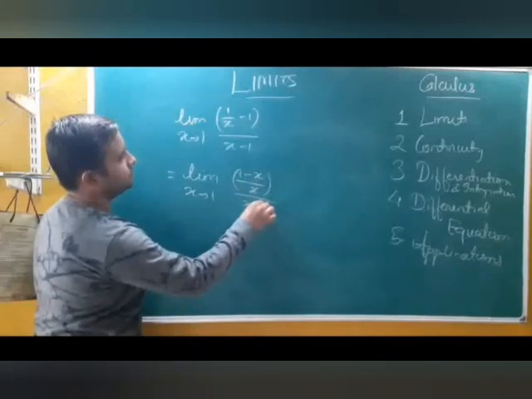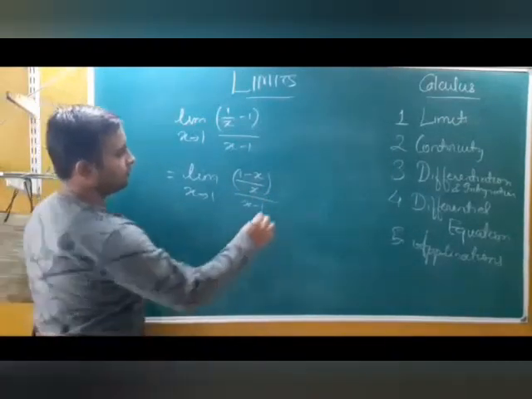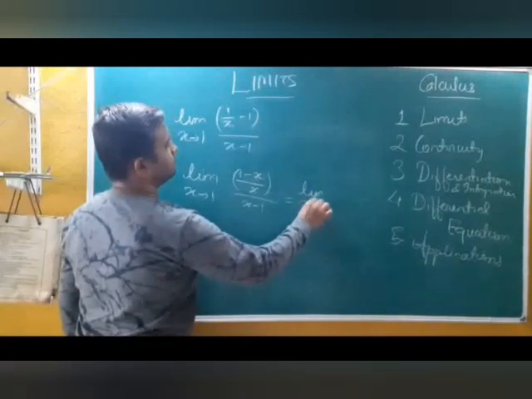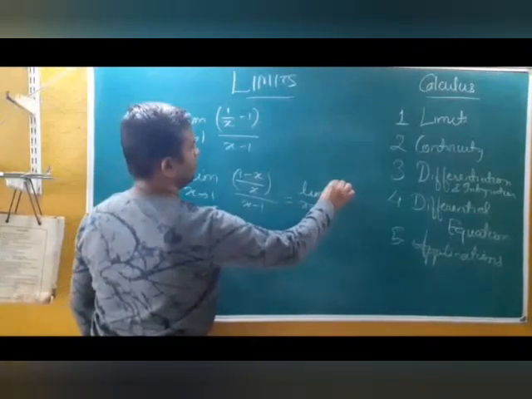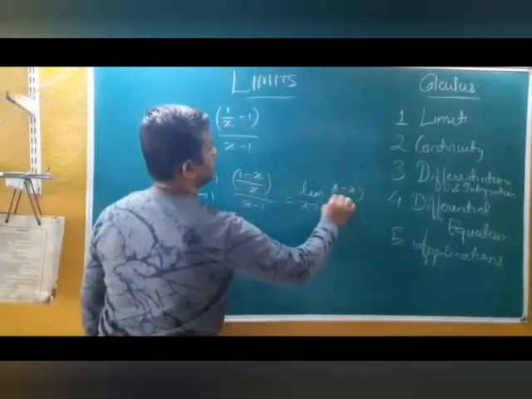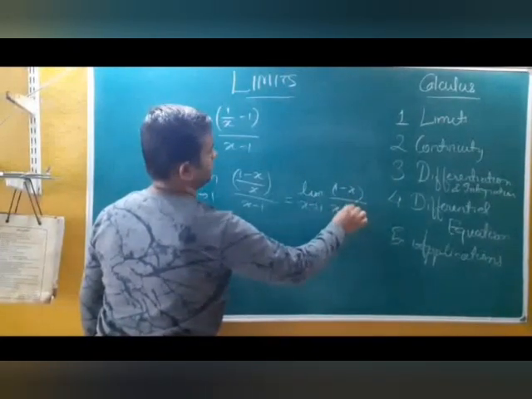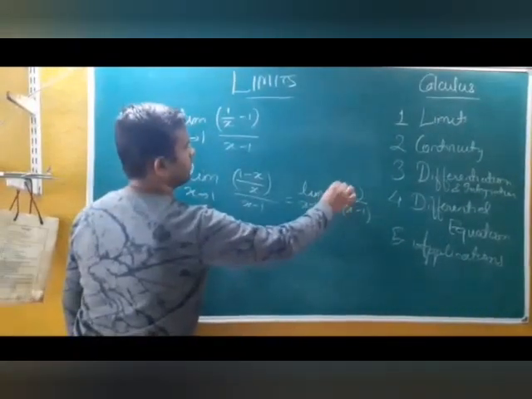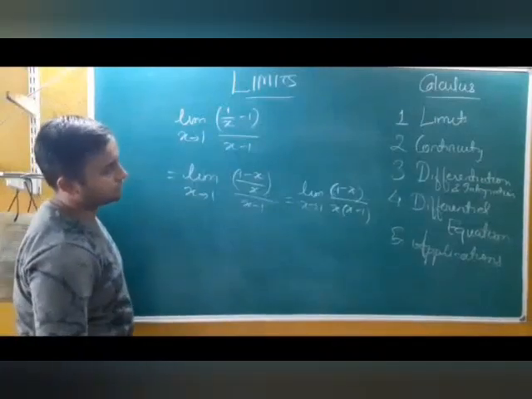Upon x minus 1. Now, I will write it like this, limit x tends to 1, 1 minus x upon x into x minus 1. But it is still 0 by 0.